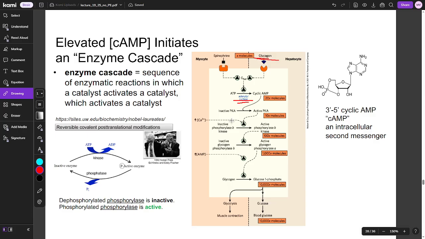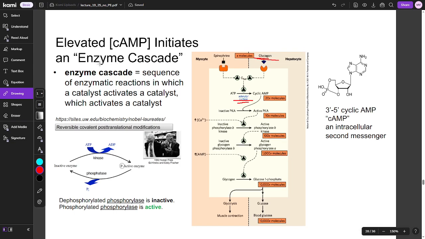And that PKA activation is basically how we get this phosphorylation cascade for glucagon, and it's also why we assign glucagon equals phosphorylate, basically.